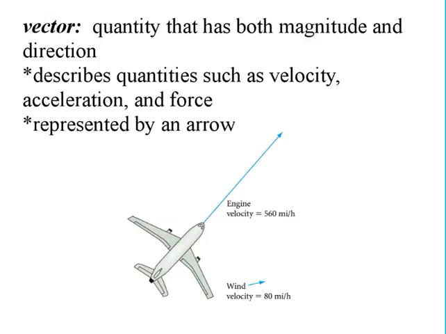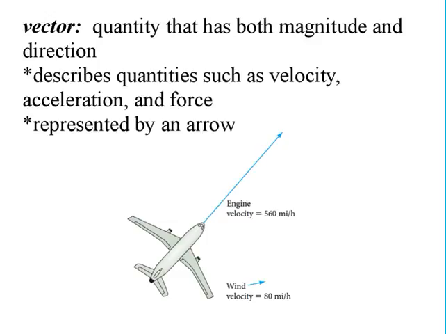Vectors describe quantities such as velocity, acceleration, and force. We represent a vector by an arrow. This is all taken from your book on page 282.